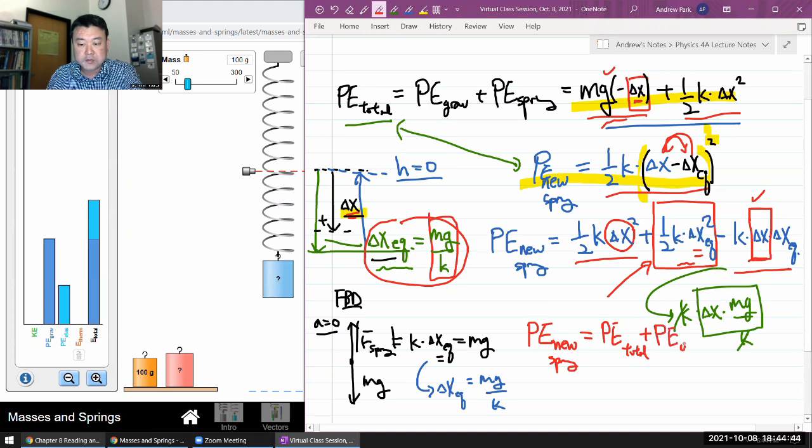There is a constant offset between this expression and this expression, the constant offset being 1/2 K delta X equilibrium squared.